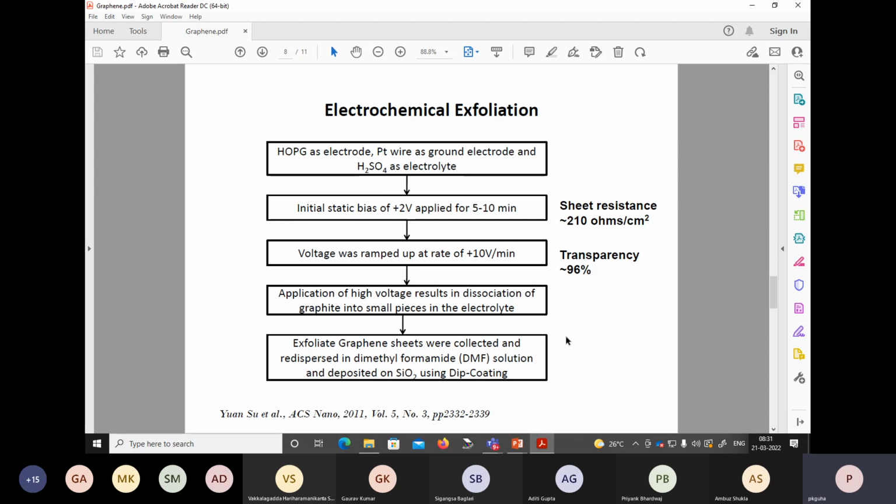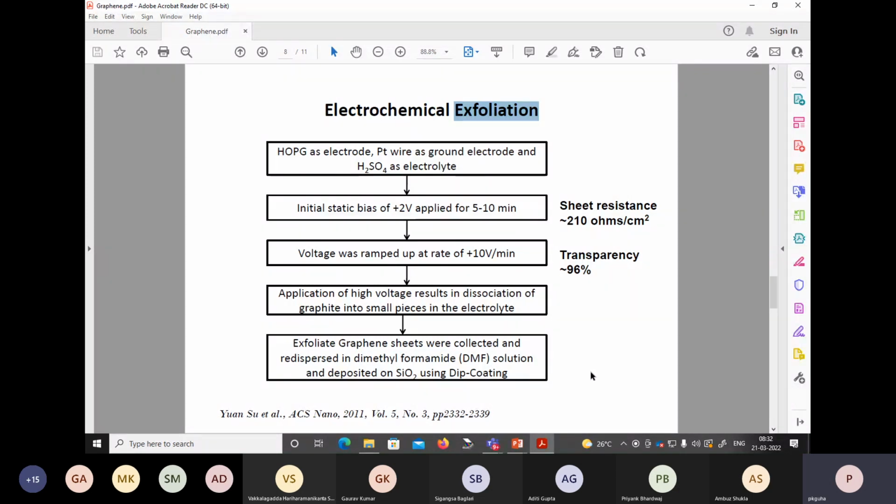For example, electrochemical exfoliation. By exfoliation we mean you are detaching the graphene layer from the graphite stack. We have come across exfoliation in the mechanical exfoliation method, right? In mechanical exfoliation we mechanically exfoliate, or remove, or detach this graphite layer.